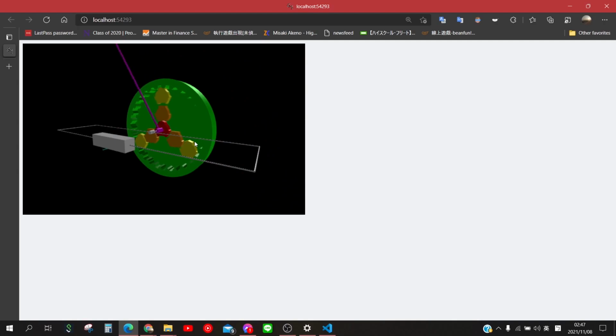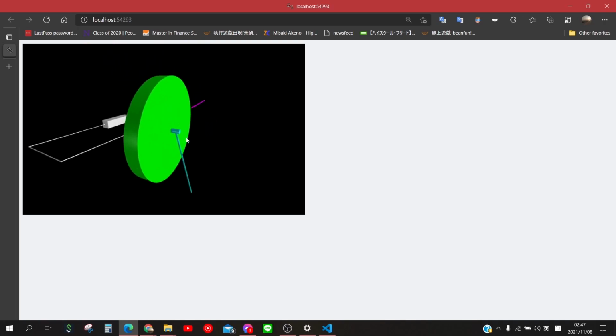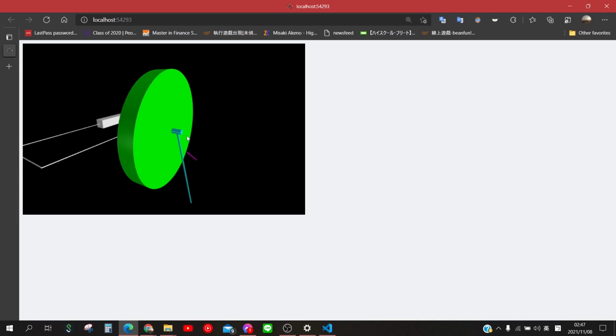The rotation of the magenta axis is driven by the motor, and thus the red gear is driven, and the orange gears are driven, and then the yellow gears, the green gear, and finally the cyan axis embedded in the green gear.